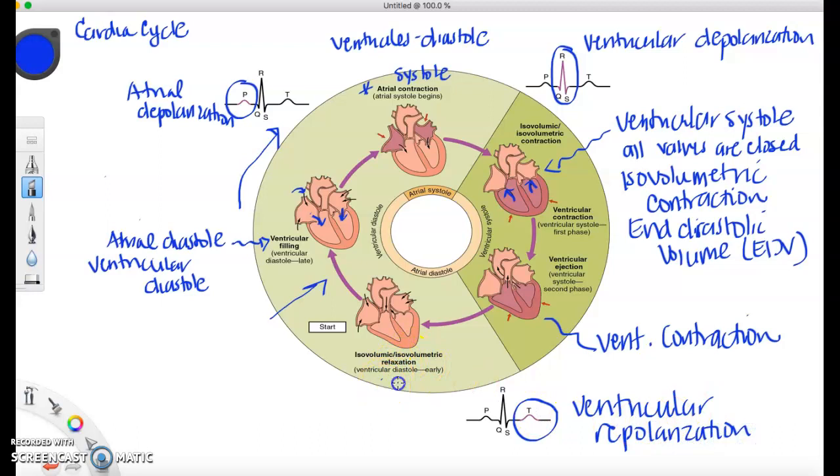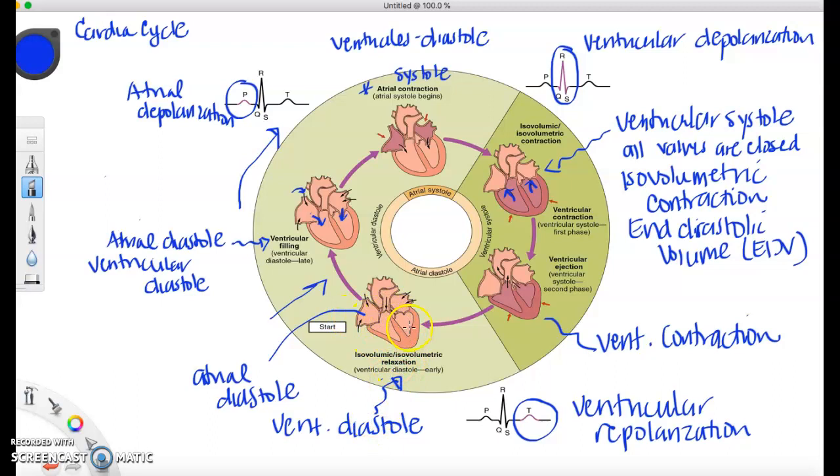So now we have diastole again. So now we're back to ventricular diastole. And for just one moment, atria are now in diastole as well. So there's atrial diastole, and they've just started filling with blood.